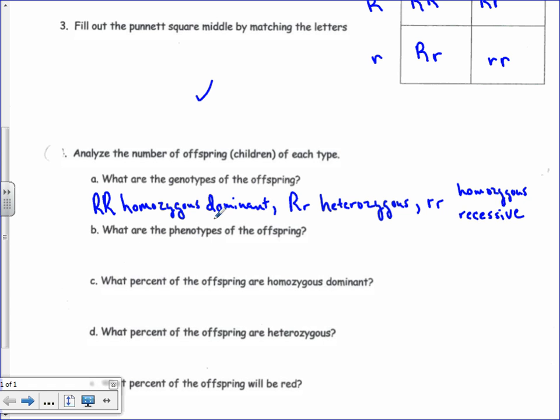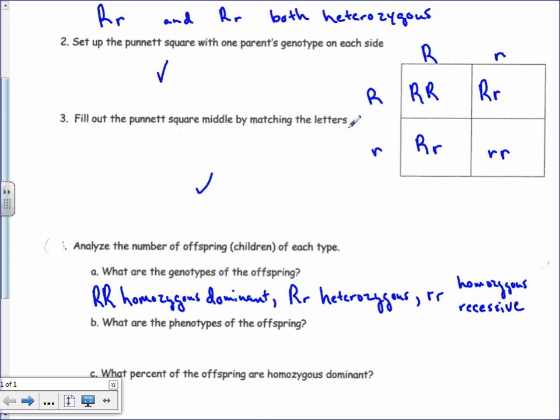What are the phenotypes of the offspring? So again, what this Punnett square represents is with each mating, what are the chances of getting these phenotypes? Now, genotypes means the letters. Phenotypes, that means the physical expression of the gene.